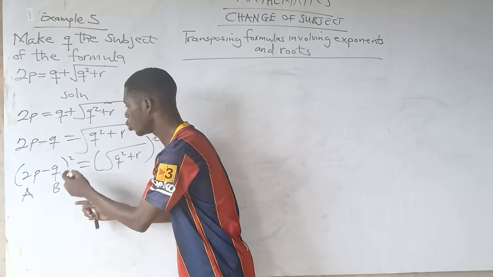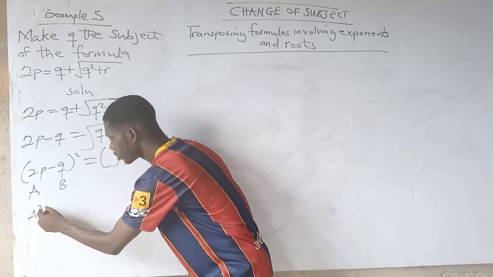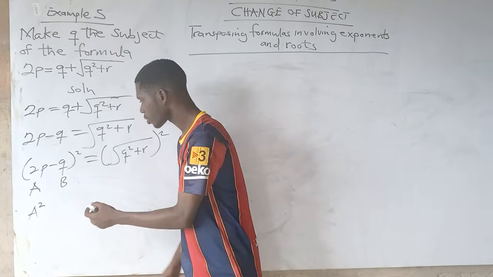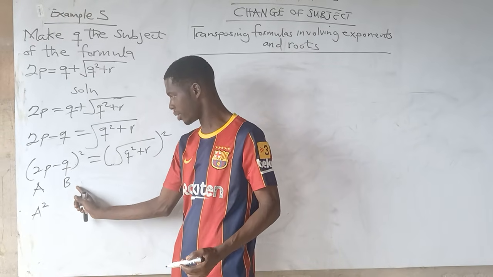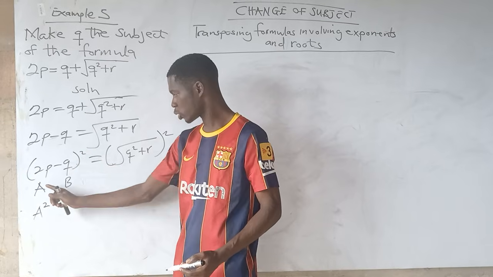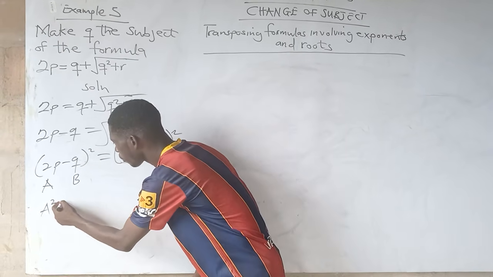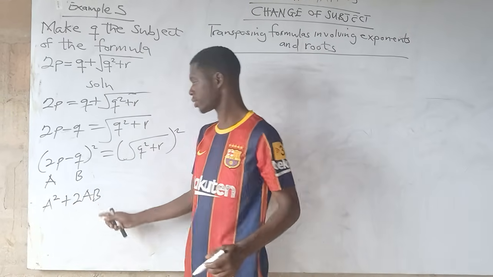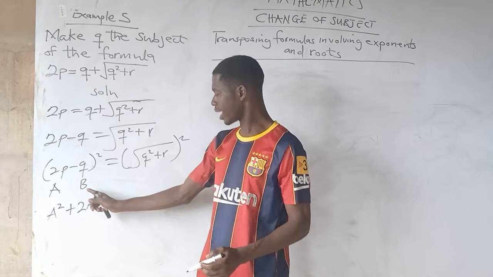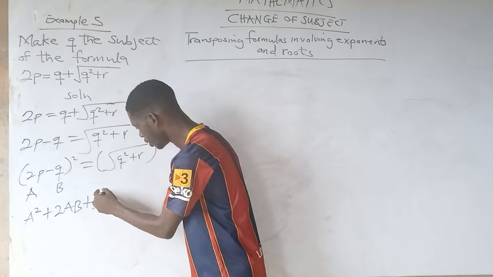You square the A, so it becomes A squared. Then you multiply A and B together, A times B gives AB, times 2, so plus 2AB. Then you square the B, plus B squared.